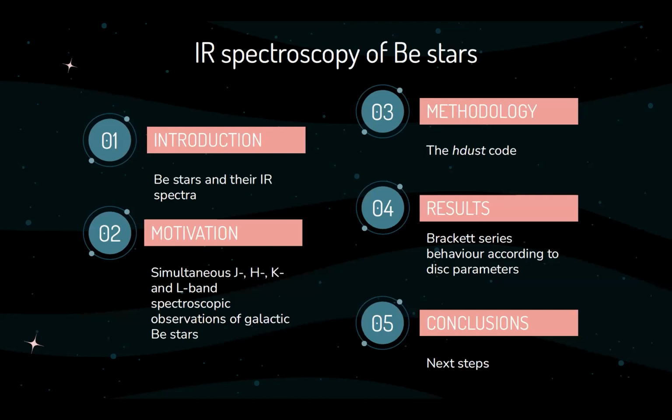So I work mainly on peculiar stars, mainly focused on VE stars, and mainly focused on spectroscopy. This is a brief scheme of this presentation. I will start with the introduction. Probably there could be some people that don't know about VE stars, and especially why we are interested to analyze infrared data.